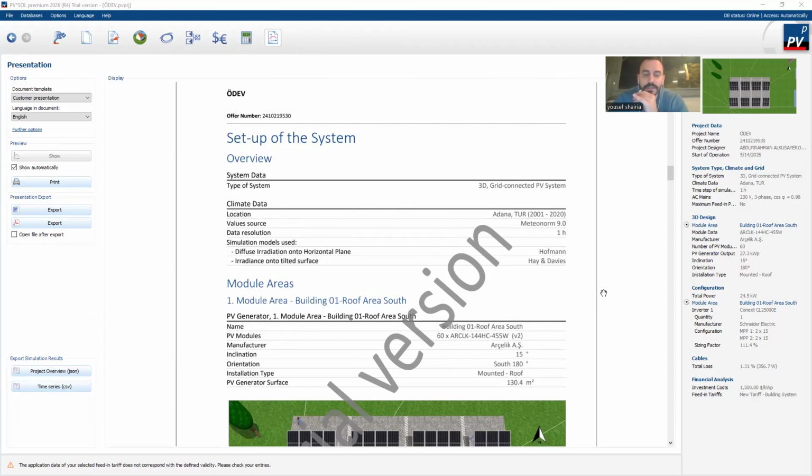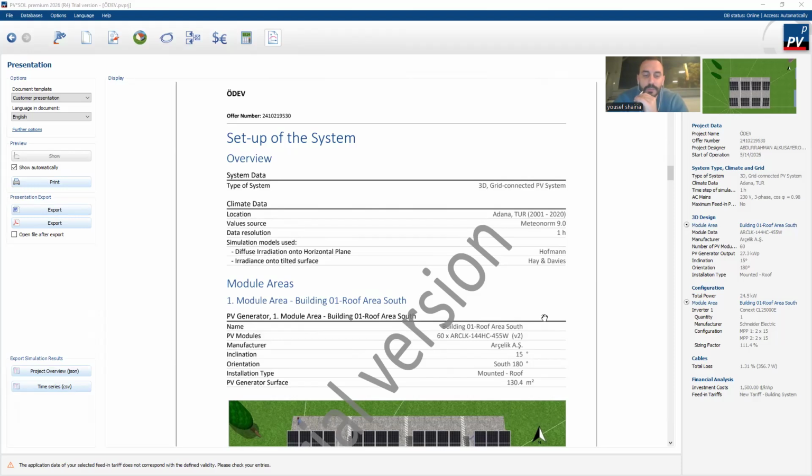The data resolution used in the simulation is 1 hour, which ensures high accuracy. Two irradiance models were applied: the Hofmann model for diffuse radiation on the horizontal plane, and the Hay and Davies model for irradiance on the tilted surface of the panels.